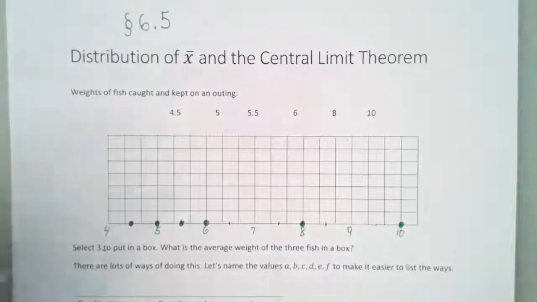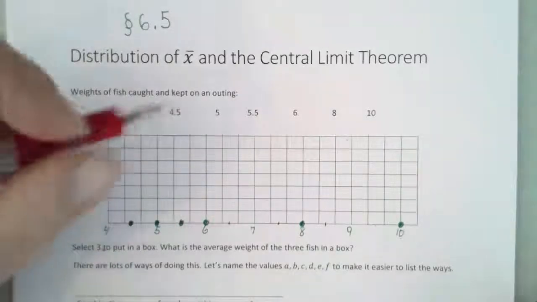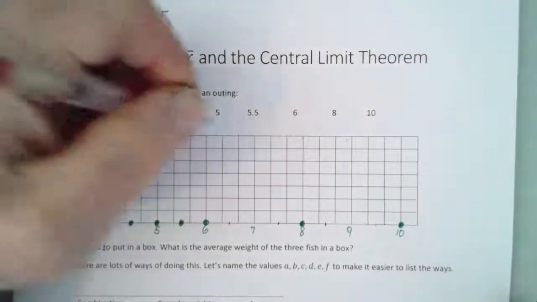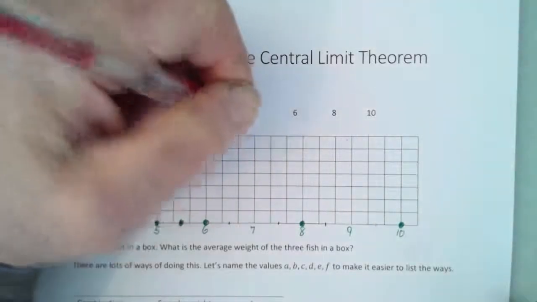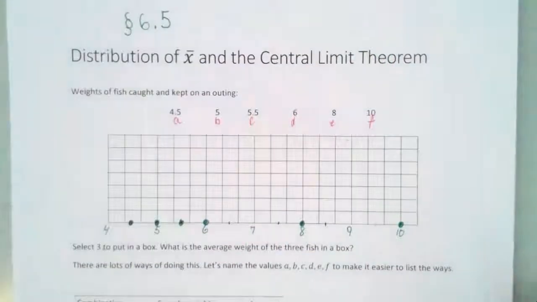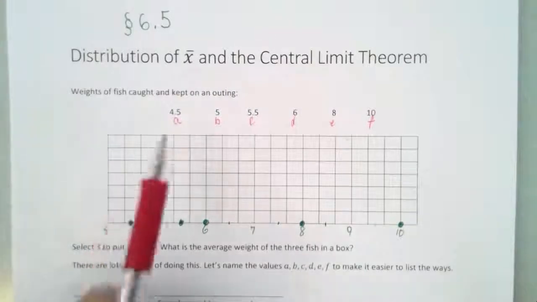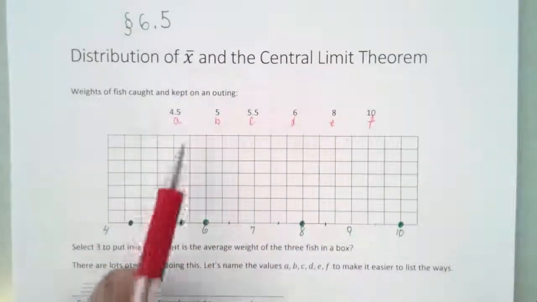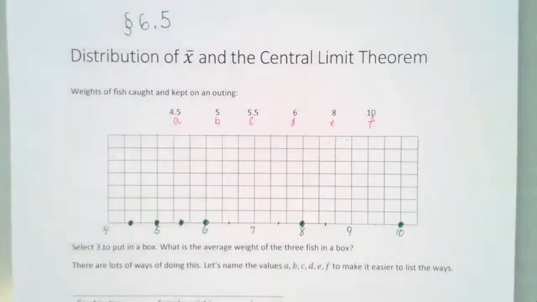Well, what we could do to help us keep track of this a little bit would be to give names to each one of these weights. We could call this first one A, B, etc. And that would be a guide for us in how we might select these weights, so we could think about the letters rather than writing numbers all the time.